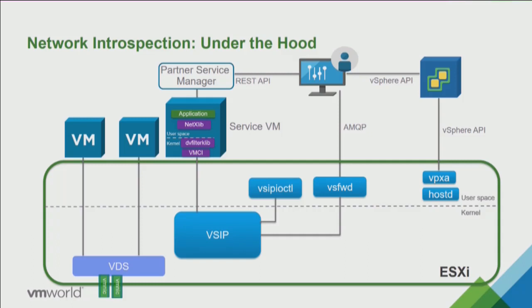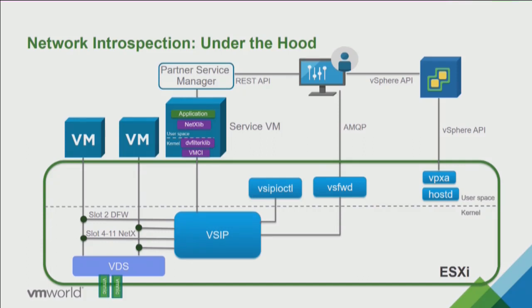Now, service is deployed. Now, how do you consume? Once you create a policy, what happens behind the scenes is NSX Manager on that ESXi host, based on the policy that is defined, plumbs the vNICs of each VM into the data plane of NSX, which is VSIP.